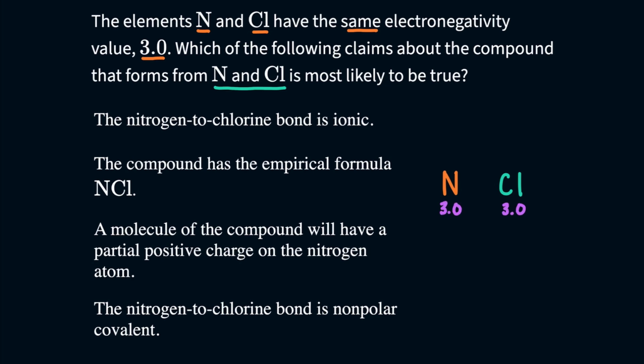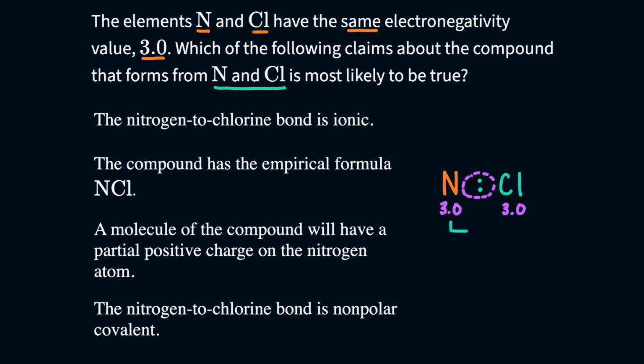And just know, with electronegativities, you can determine what type of bond is in that N to Cl bond, right? There's ionic and there's covalent. Are these electrons being shared? Are they being transferred? So that's what we have to figure out.